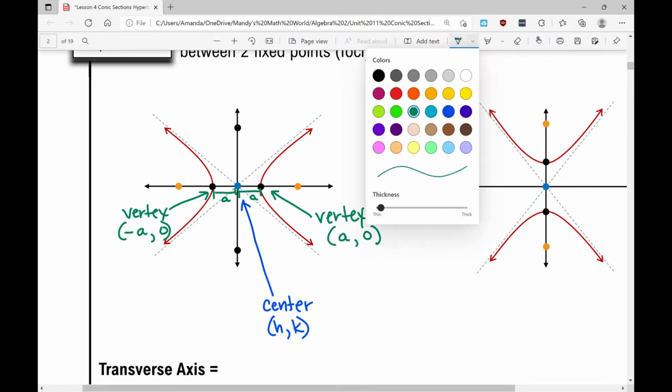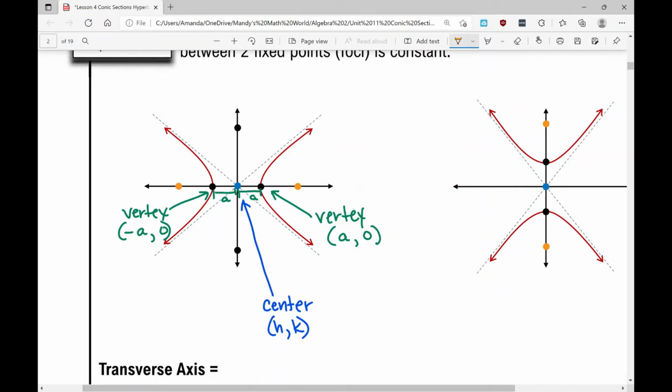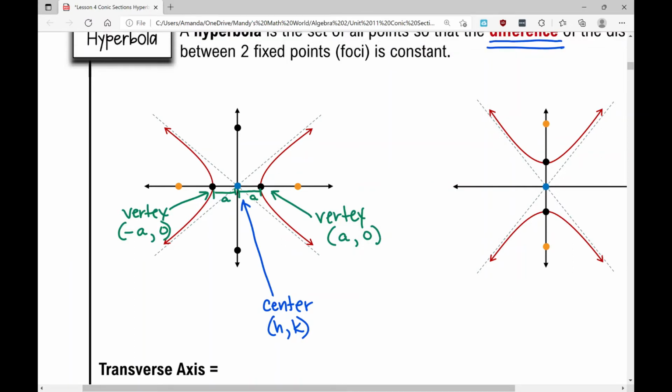With an ellipse, your focus was on the inside of your ellipse. In a hyperbola, your focus is further out from your vertex. In an ellipse, remember it looked like this, and these were your vertices on that major axis, and your foci were inside your ellipse. Well, with a hyperbola, it goes center, then you hit your vertices, and then you hit your focus.